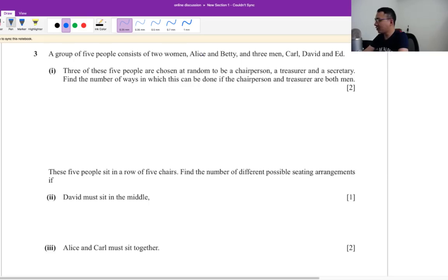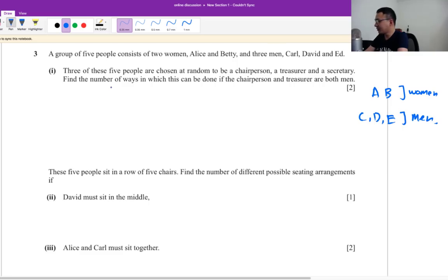So basically, I'm going to call them A, B, C, D and E. You will have A and B, which are women, and at the same time you have C, D, and E, which are the men. 3 of these 5 people are chosen at random to be a chairperson, treasurer, and secretary. Find the number of ways in which this can be done if the chairperson and the treasurer are both men.